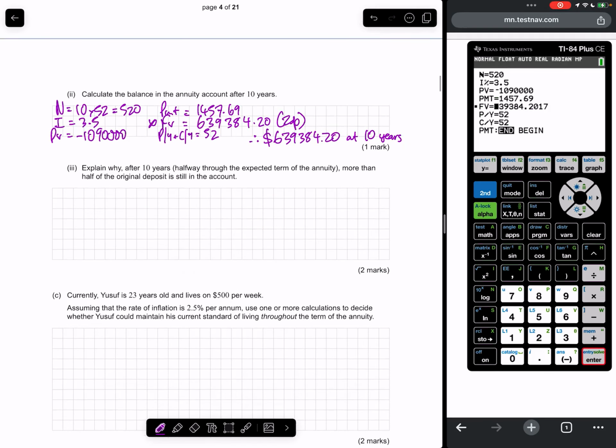Explain why after 10 years, halfway through, more than half of the original deposit is still in the account.